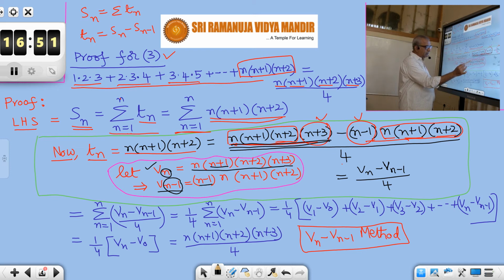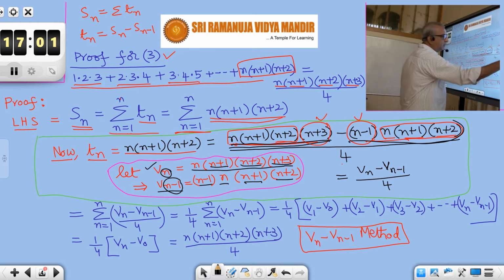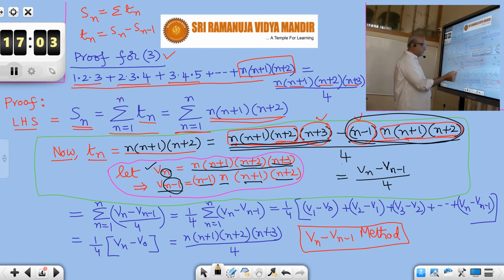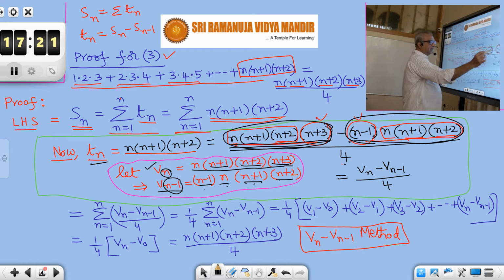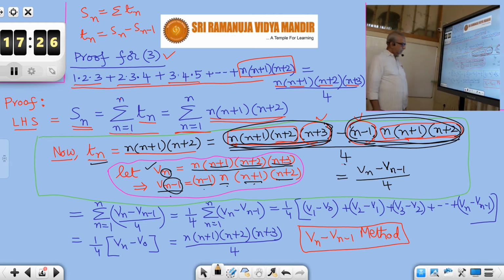Here n minus 1 plus 1 means n, n minus 1 plus 2 means n plus 1, n minus 1 plus 3 means n plus 2. So is this not Vn minus 1? You can see n minus 1 into n plus 1 into n plus 2. So in the Tn, numerator something minus something divided by 4, if you take the first something as Vn, then the second something is nothing but Vn minus 1 only. That is important.